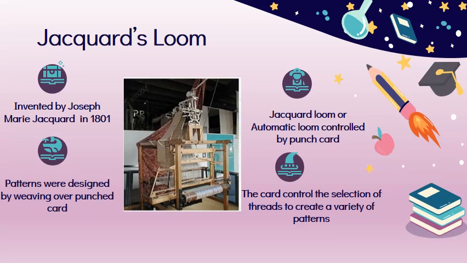In 1801, Joseph Marie Jacquard invented a machine that used punch cards to control a sequence of operations, which is known as Jacquard's loom. A punch card is a piece of paper that contains information for doing calculations, and this information is represented by holes in it.